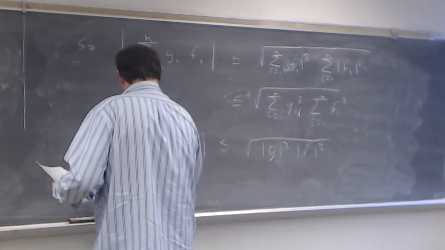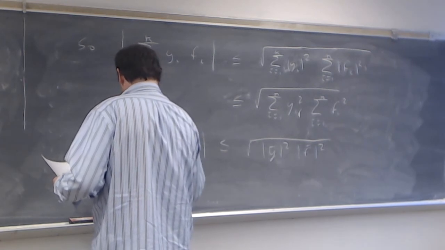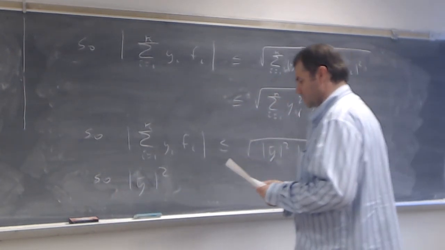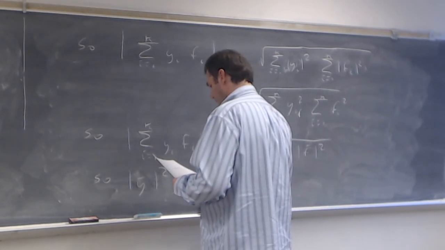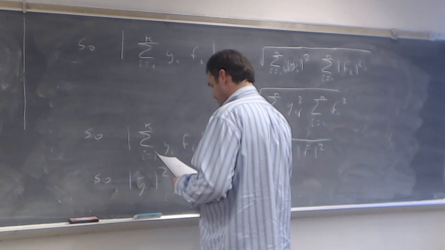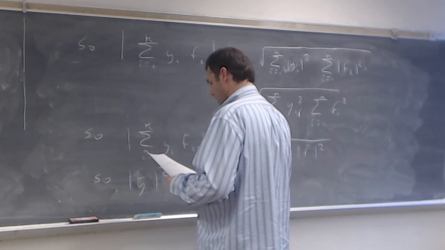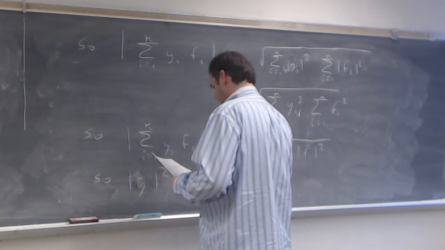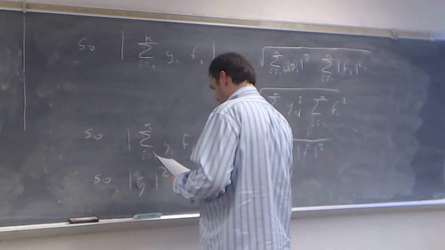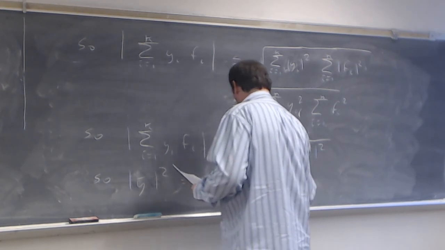So, what we have is that the norm of y bar squared is equal to the integral from a to b of y sub i, f sub i.